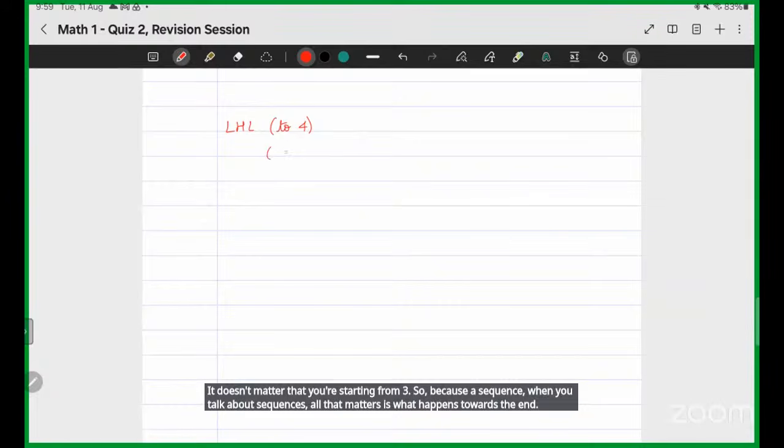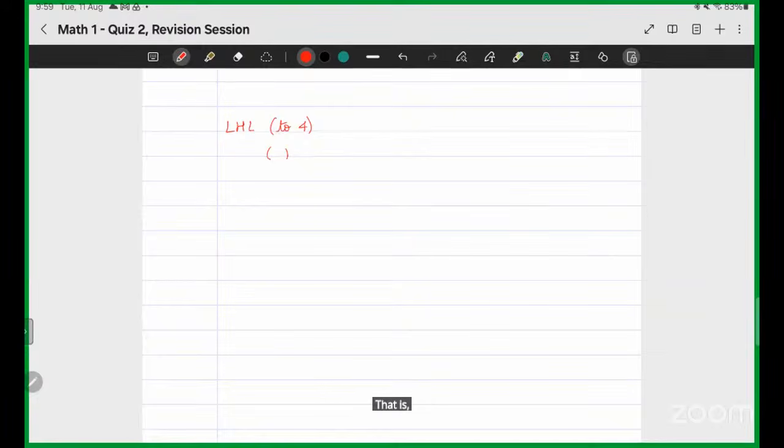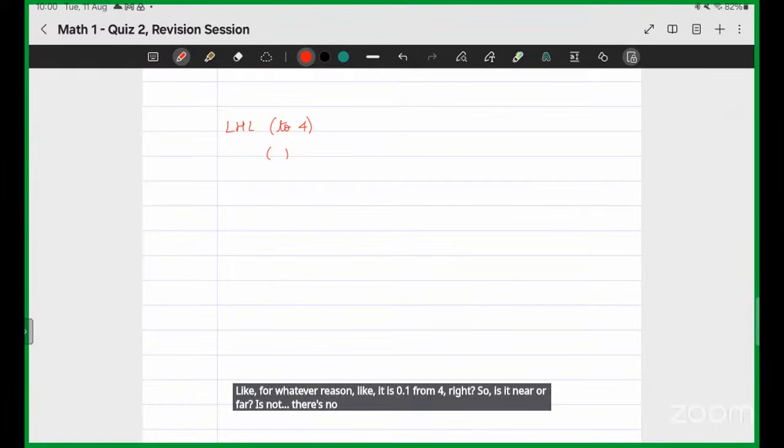So you just look at the immediate left of 4. Suppose, for example, 3.9. Is that the left-hand limit of 4? Not exactly what happens at 3.9. As you get closer and closer to 4, 3.9 is 0.1 from 4. Whether that is near or far, there's no objective way to say. Okay, sir.